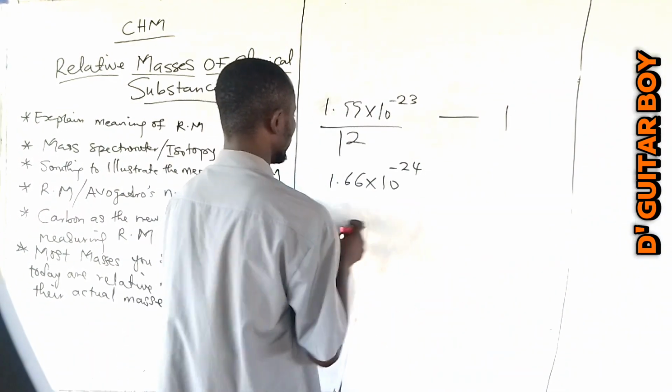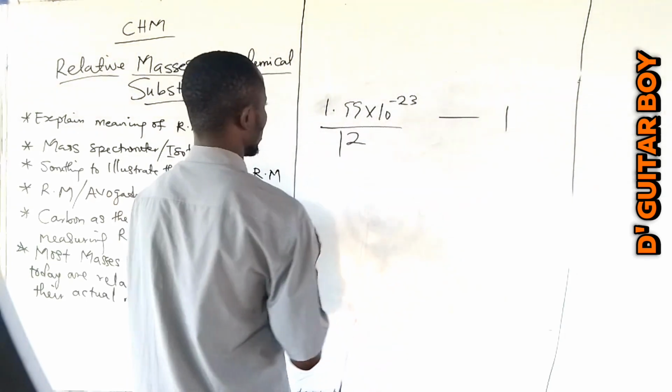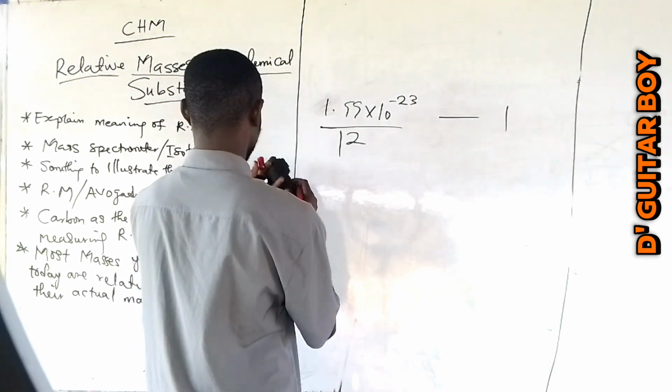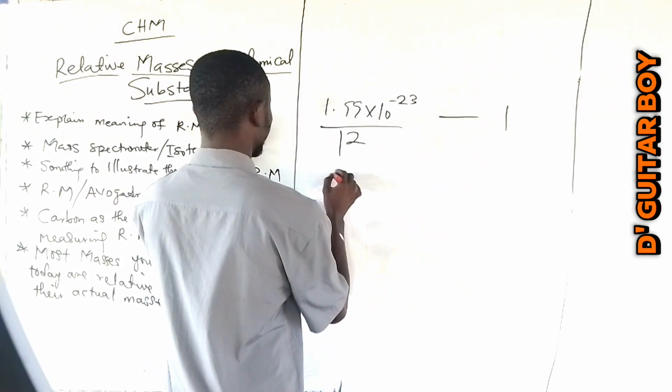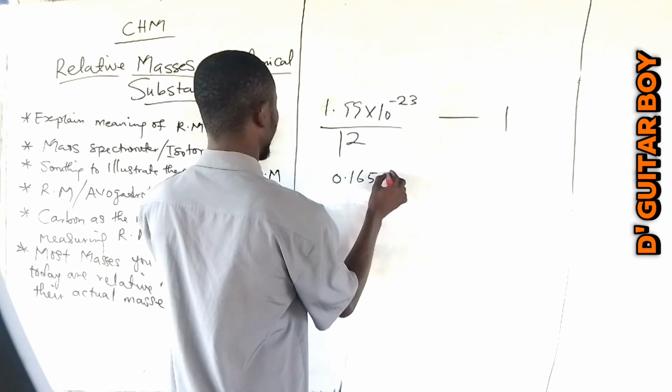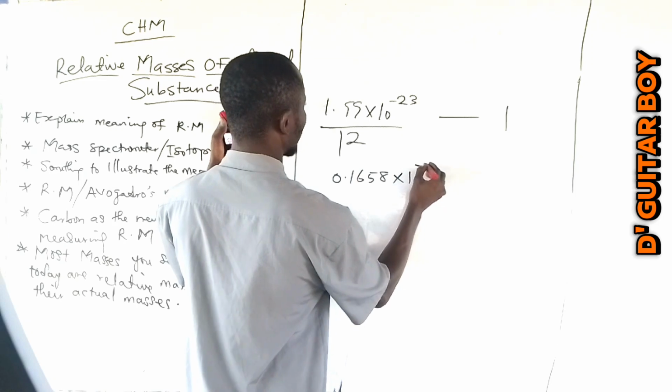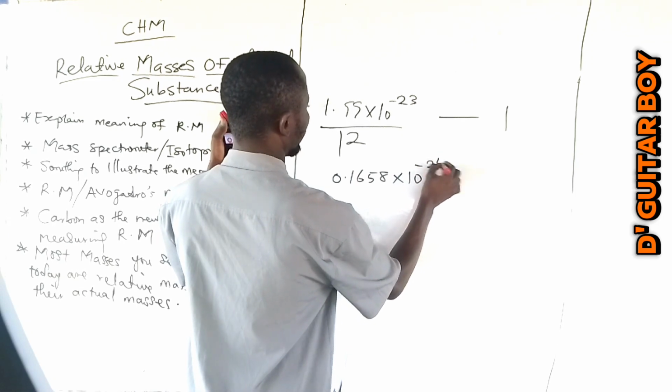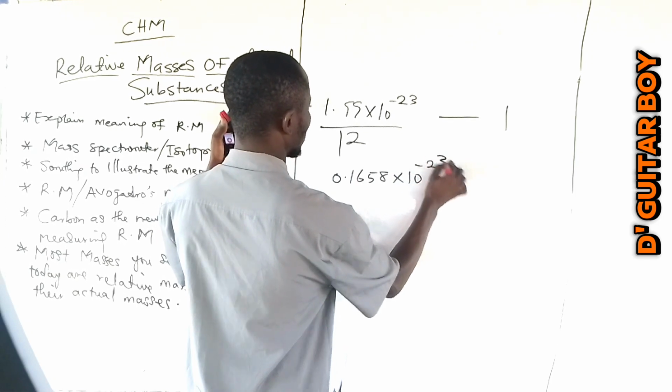So the answer is 0.1658 times 10 raised to power minus 23.